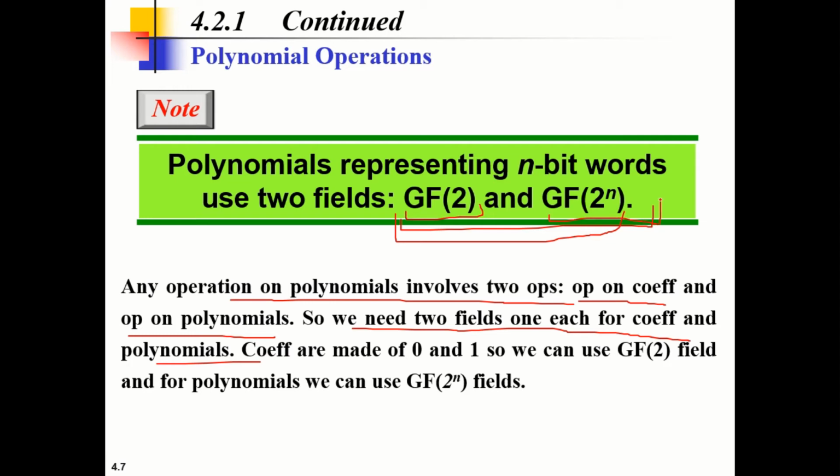So we'll be making use of these two fields, okay? Galois field 2 and 2 raised to n. Now since coefficients are made up of zeros and ones only, we can use this field, okay, because the size of this field is 2, the number of elements we are having is 2 only. So we can use this field for the coefficients, and for polynomials we can use this field, क्योंकि जो polynomial part होगा या जो terms होंगी given polynomial की, they will be in powers, okay, जैसे हमने previous example में भी देखा.